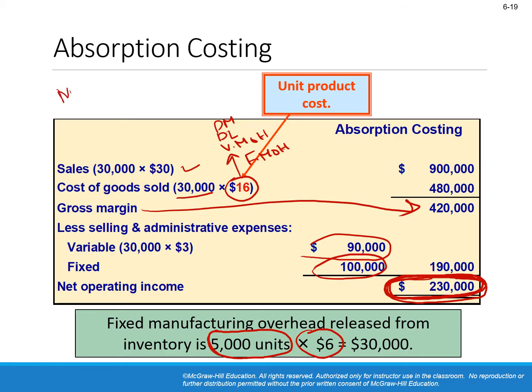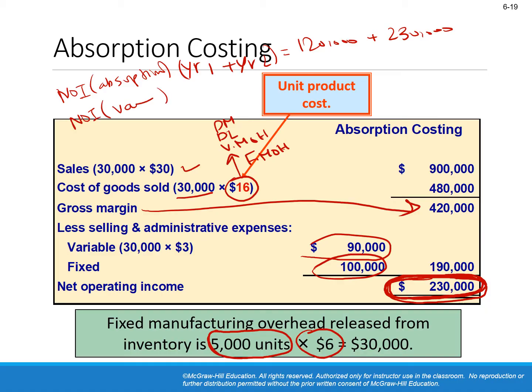So net operating income of absorption in year 1 plus year 2 is equal to the 120,000 in year 1 plus the 230,000 in year 2. The net operating income for variable in years 1 and 2, 90,000 plus 260,000.